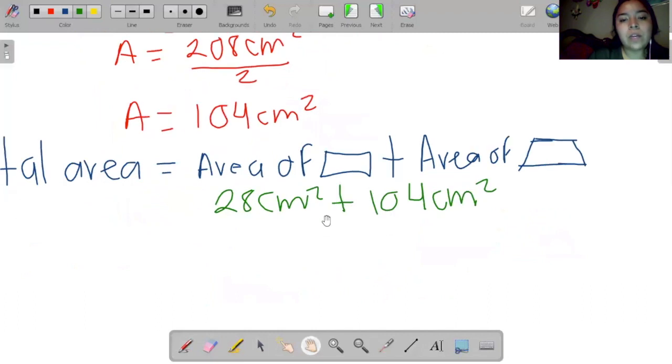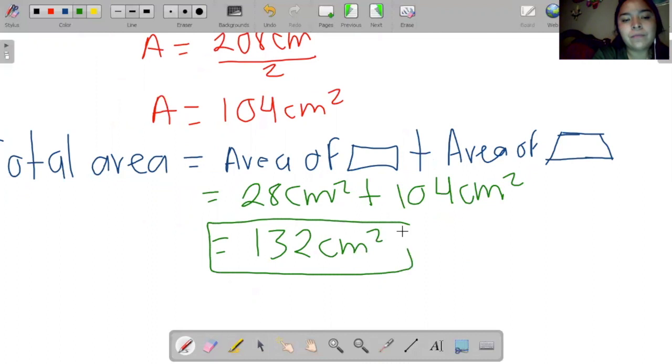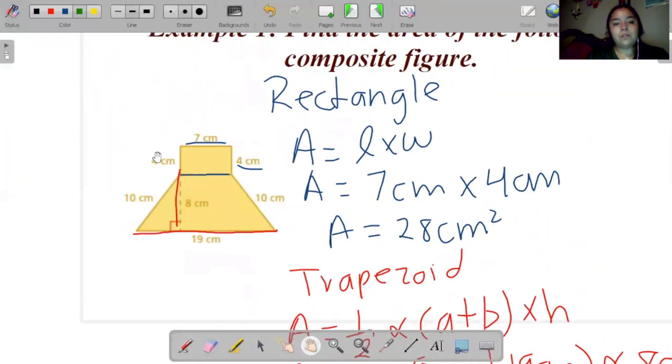So then our total area will be 132 centimeters squared. This is our total area. So the area of this composite figure is 132 centimeters squared.